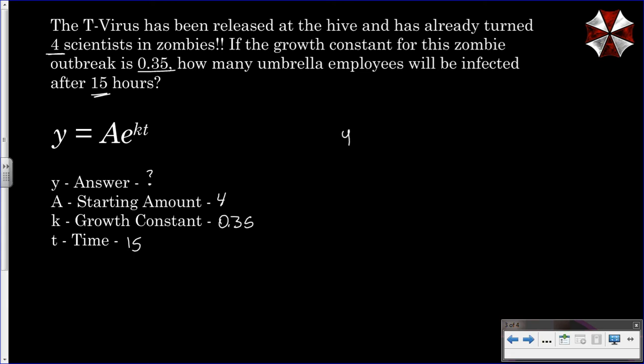We're going to have Y, which we don't know, equals A, which is our starting amount, 4 e raised to K times T, so 0.35 times 15. Let's combine our exponents. 4 e, and then 0.35 times 15 is 5.25.